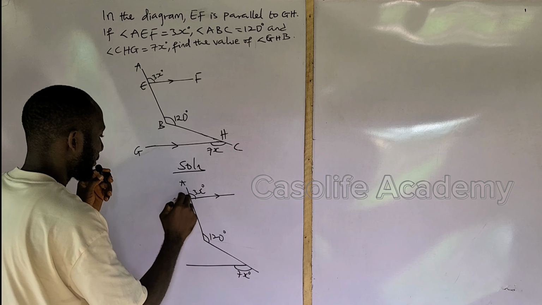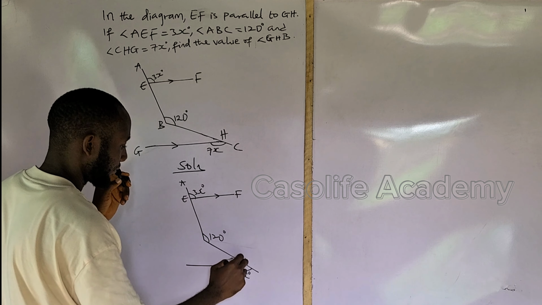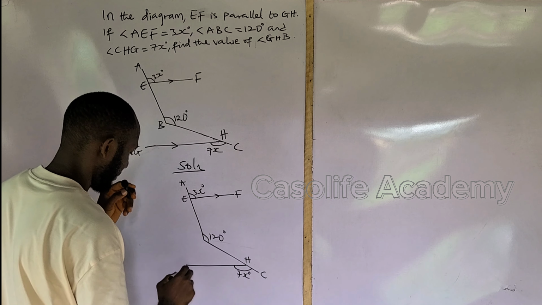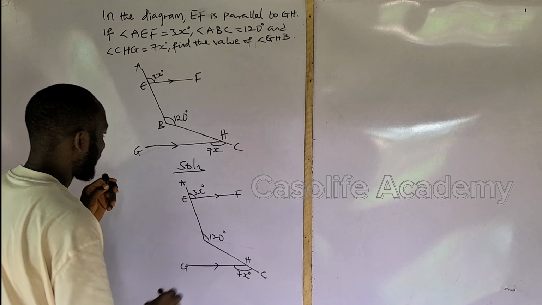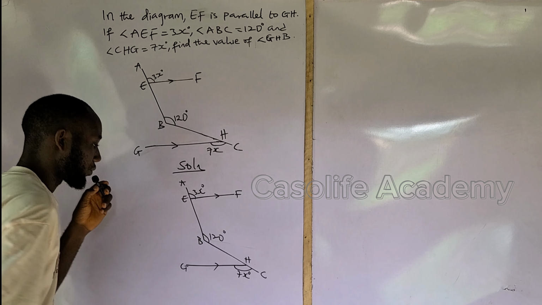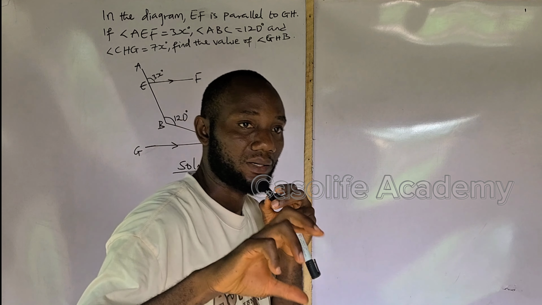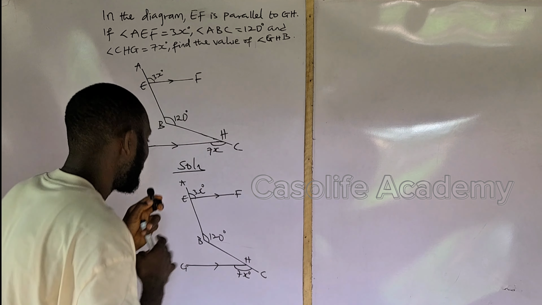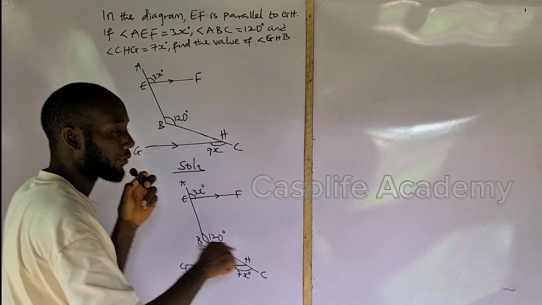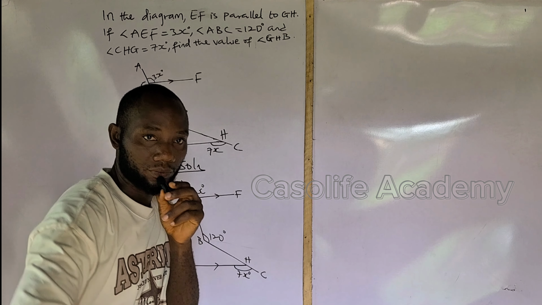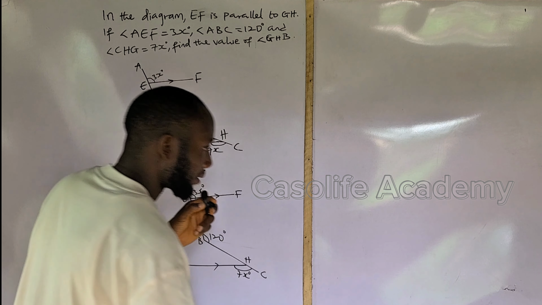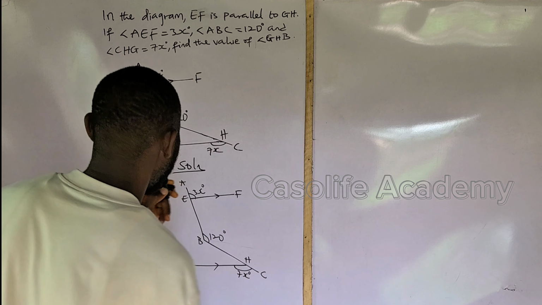Here is our A, E, F, H, C, G. Here is our B. So what do we do? As usual, we look out for the angles that we have and see if we can form a straight line to pass through that angle so that we can have two parallel lines.